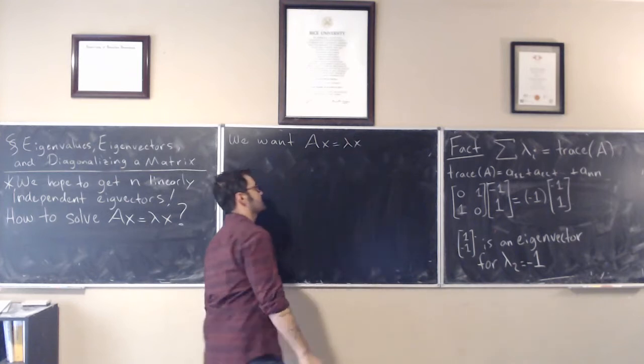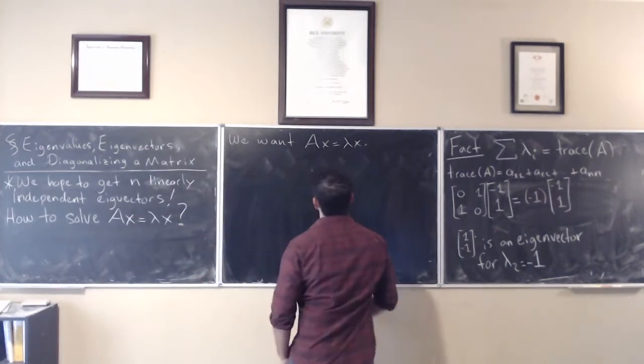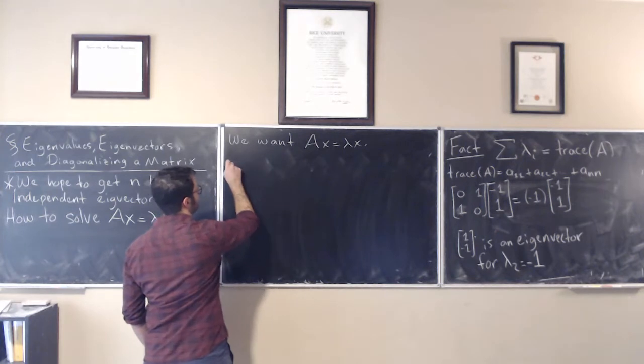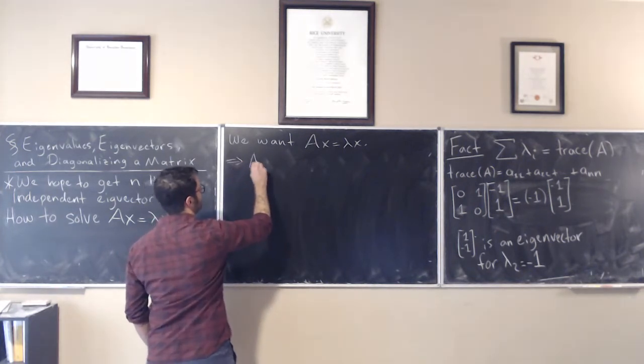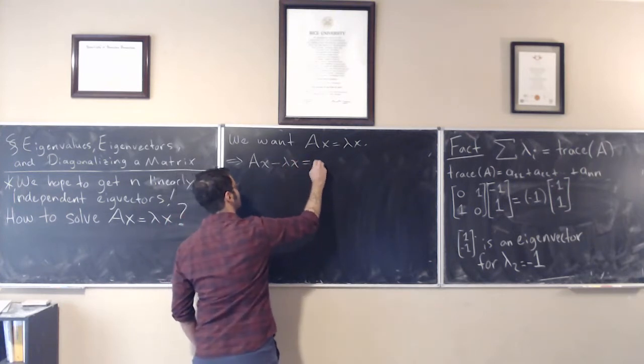We want to find those x's and lambdas. All right, so maybe if we subtract on both sides, that's like saying we want Ax minus lambda x to equal the zero vector.